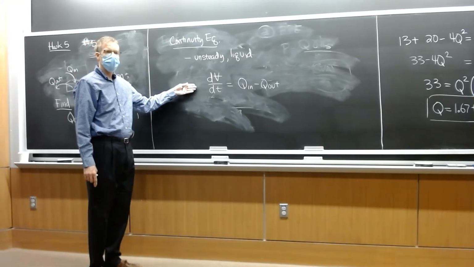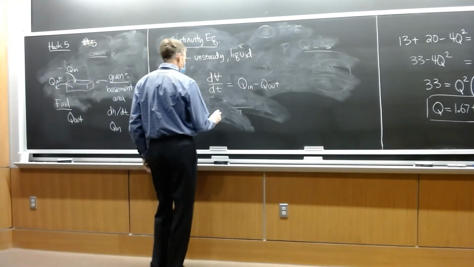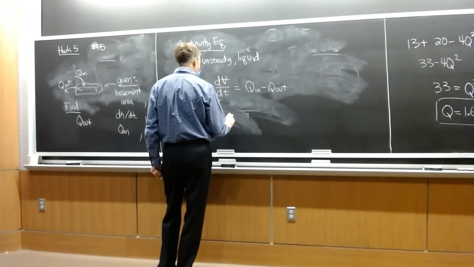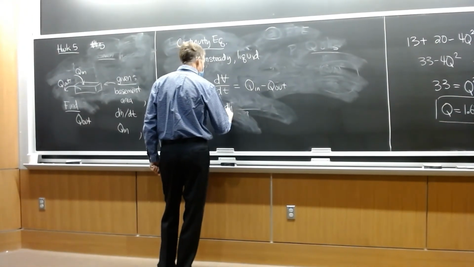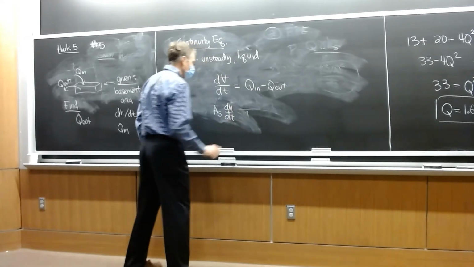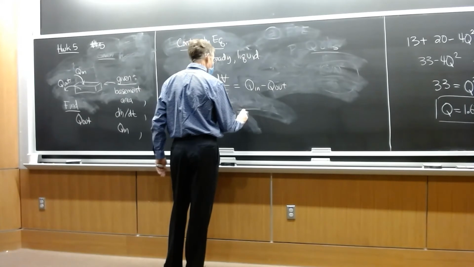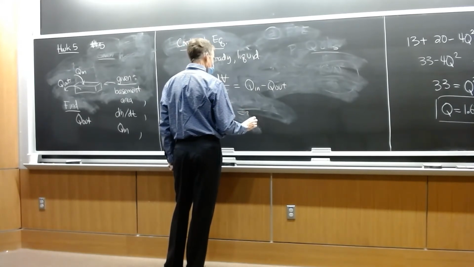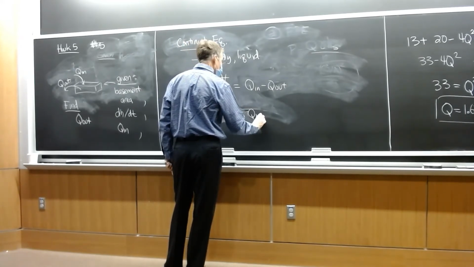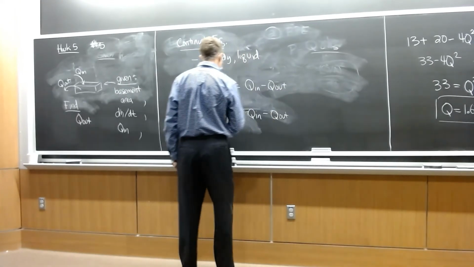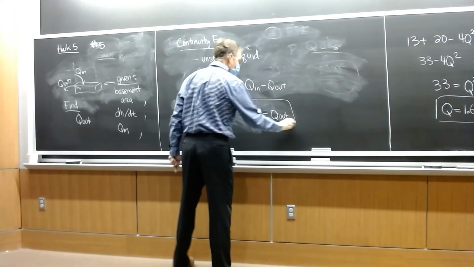This is our equation. The volume is going to be the surface area of the basement times the rate of change of the water depth, and that is our dV/dt on the left-hand side. So that's the equation we use.